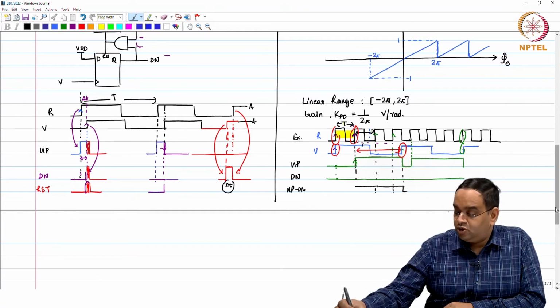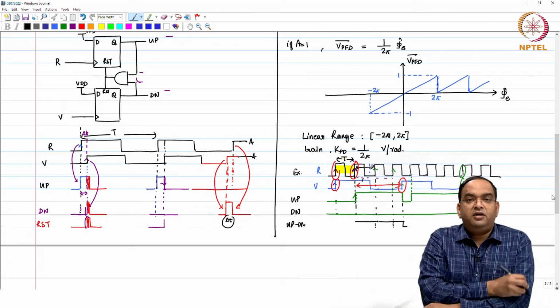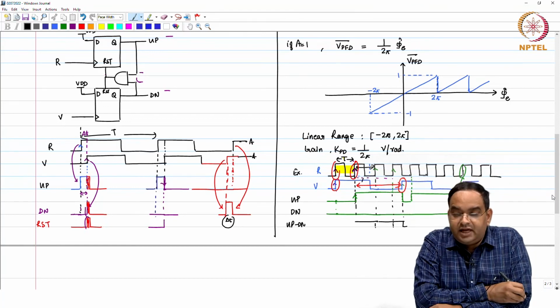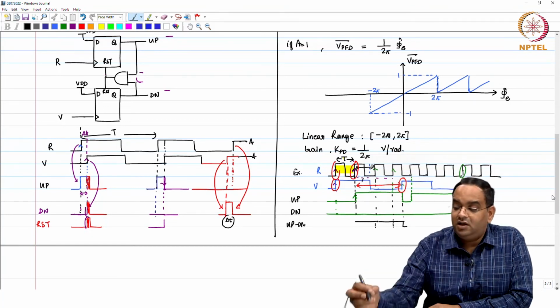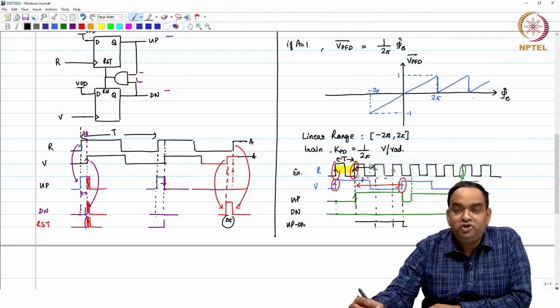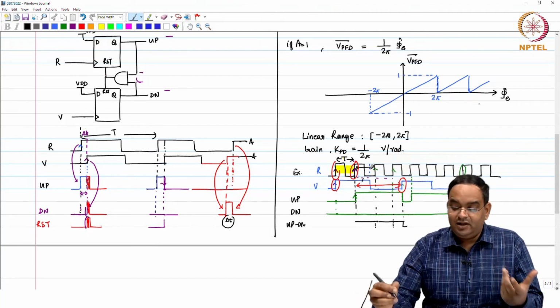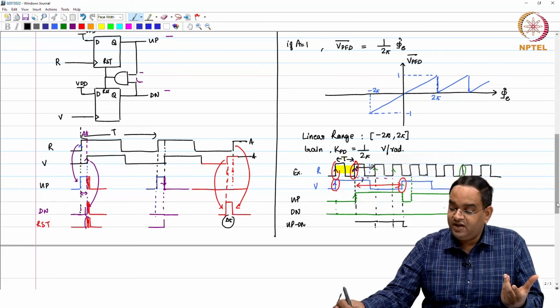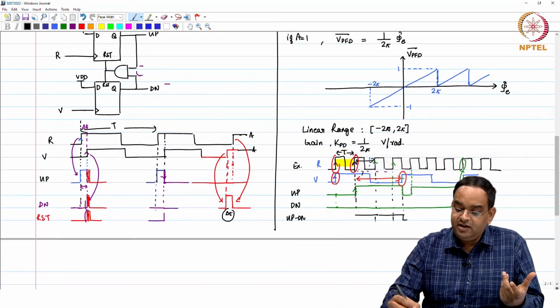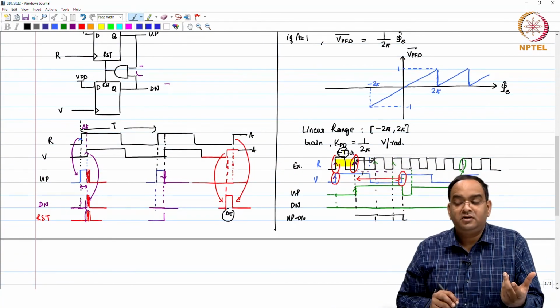So the phase error between these two signals, where you actually see the frequency error, is larger than 2 pi. Larger than 2 pi phase error here means larger than T period. Okay.